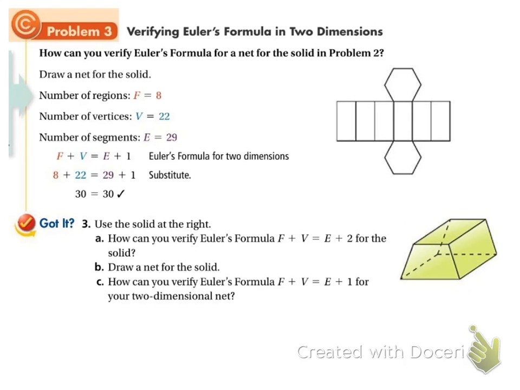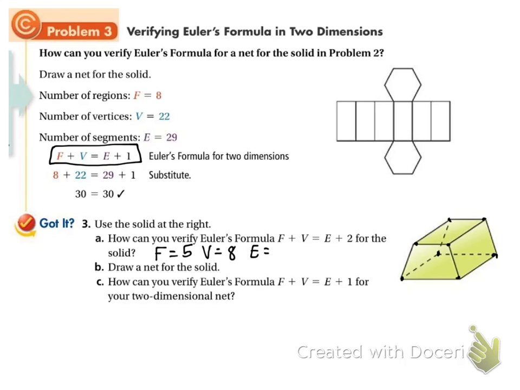So there's one other formula, and that's this one right here, and this is Euler's formula for 2 dimensions, so when we're working with a net. Okay? So first, we're going to look at this picture. We're going to figure out the number of vertices, faces, and edges, and plug that into Euler's formula. So, number of faces, I've got 1, 2, 3, 4, 5. Vertices, I got 1, 2, 3, 4, 5, 6, 7, 8.